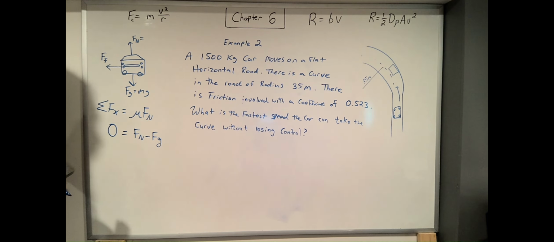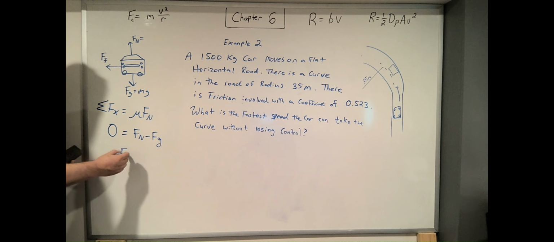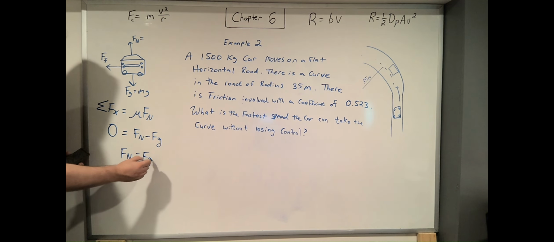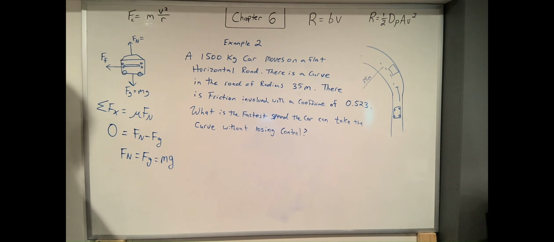It overall cancels. It goes to zero. That tells me that Fn, if I move Fg to the other side, is equal to Fg, which is equal to mg. So both those forces are the same. They'll cancel out. And we've done several problems like that already. So that takes care of the y.